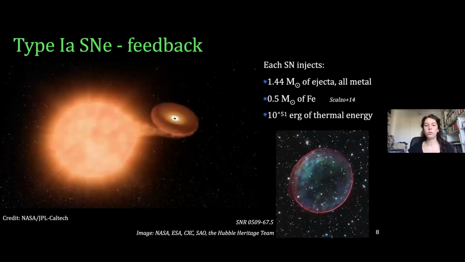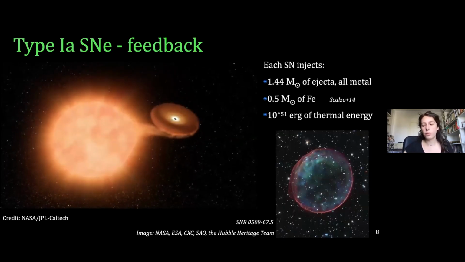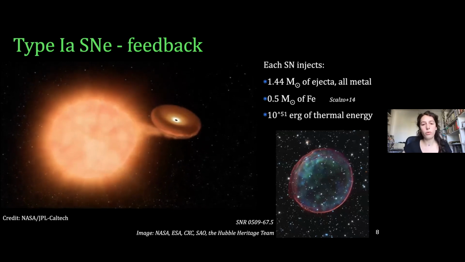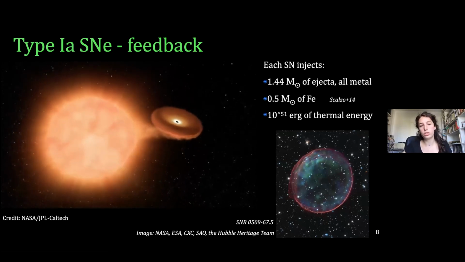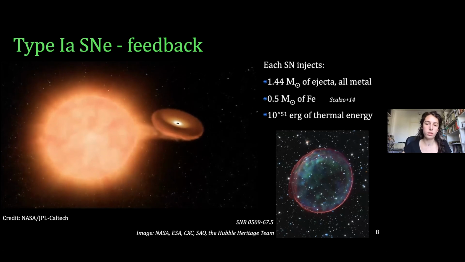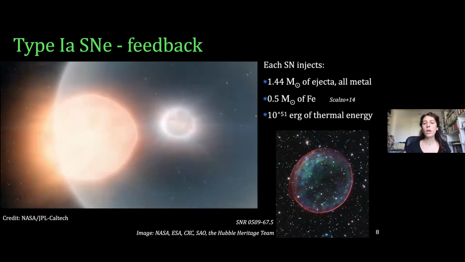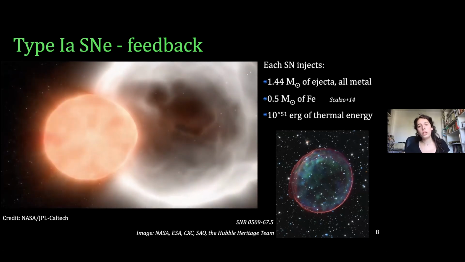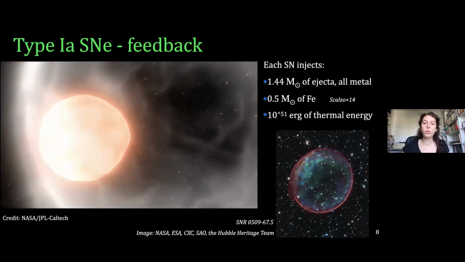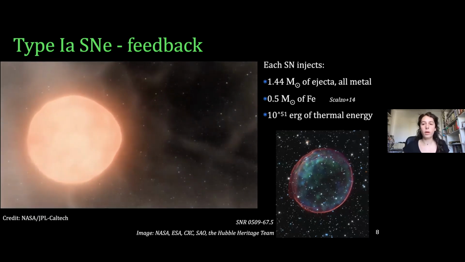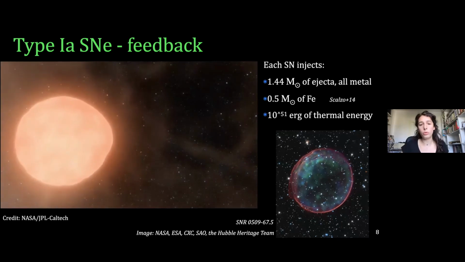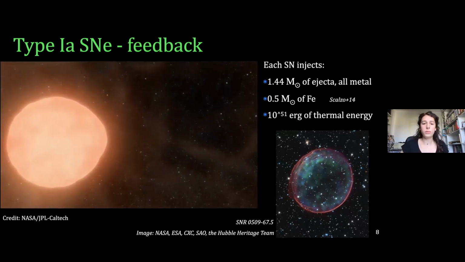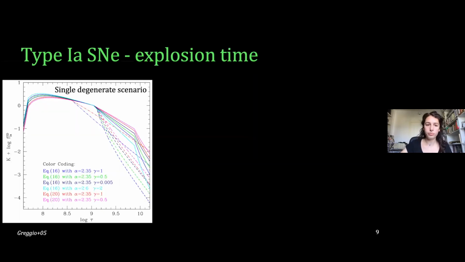It is well known that type 1a supernovae are the deaths of white dwarfs when they reach the Chandrasekhar mass after having accreted mass from a younger companion. And we modeled it assuming that for each supernova, a Chandrasekhar mass of metals is released into space, of which 0.5 is in iron. And regarding the energy, we assume that 10^51 ergs of thermal energy are injected into the system.